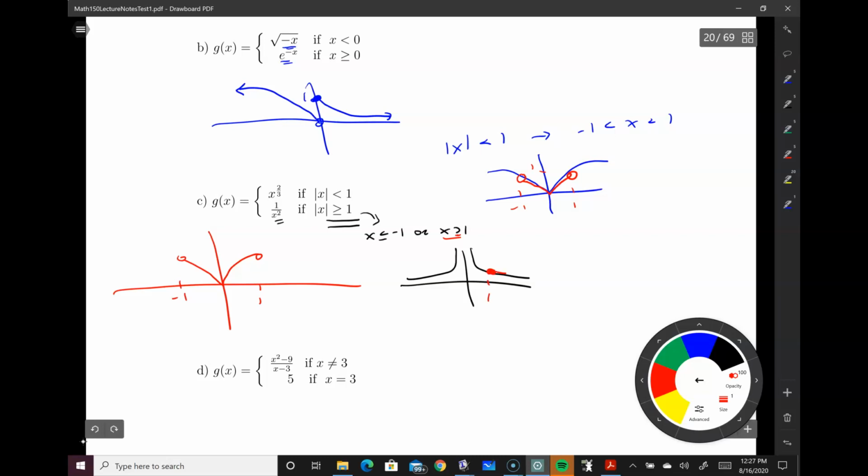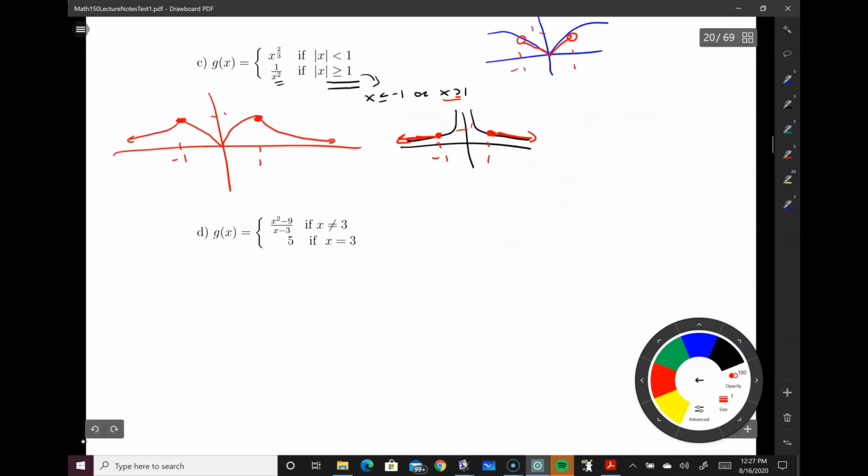So bigger than or equal to 1, so this part of the graph. Less than or equal to -1, so this part of the graph. So put those pieces together. Their y values are 1, so they connect at this point. So out this way and out that way. So open circle on top of a closed circle is nothing profound. It just means you include the point.